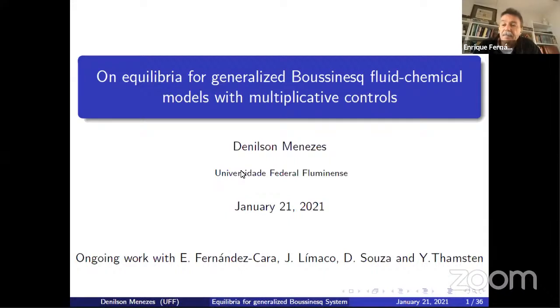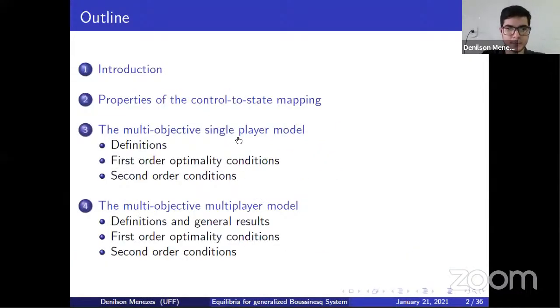Okay, thank you. I would like to thank the organizers for the invitation. I will talk about equilibria for generalized Boussinesq fluid chemical model with multiplicative control. This is our ongoing work with Henrique Fernandes Cara, Juan Límaco, Diego Souza, and Yuri Tamisten. The outline of the presentation is the following. First, in the introduction, I will motivate the use of Pareto equilibria and Nash equilibria.